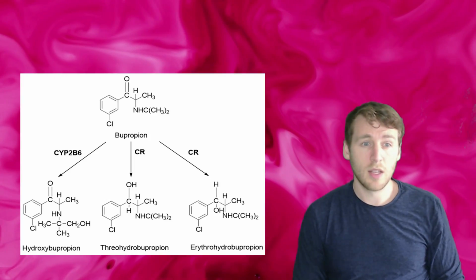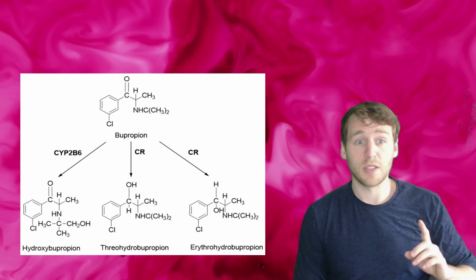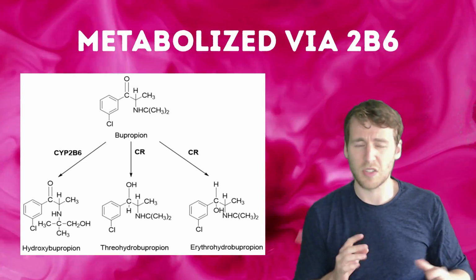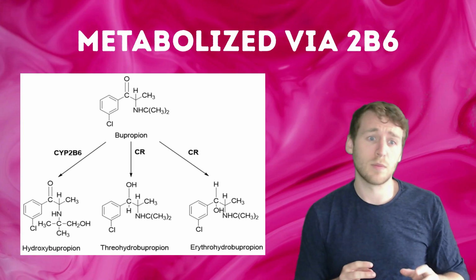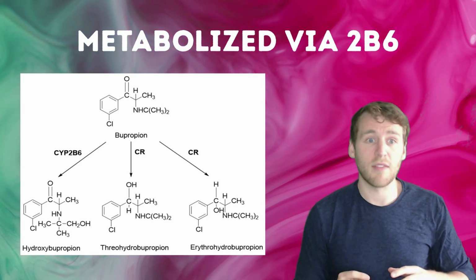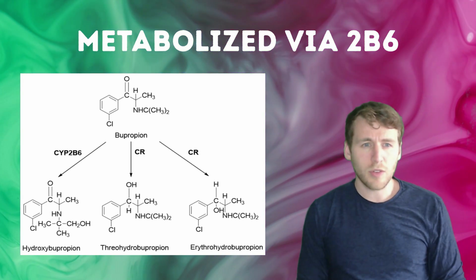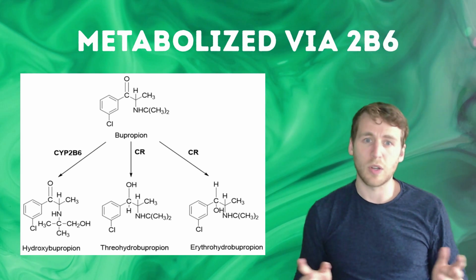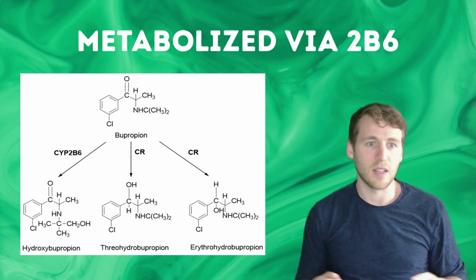And I guess it's relevant here, so let's talk a little bit about the metabolites of Wellbutrin. So Bupropion is metabolized through 2B6. B as in boy. With a lot of psych drugs, you usually see 2D6. So metabolized through 2B6. And Wellbutrin does have active metabolites. So the three big metabolites, and there's really no reason to learn these things, but I'll tell you them anyway.